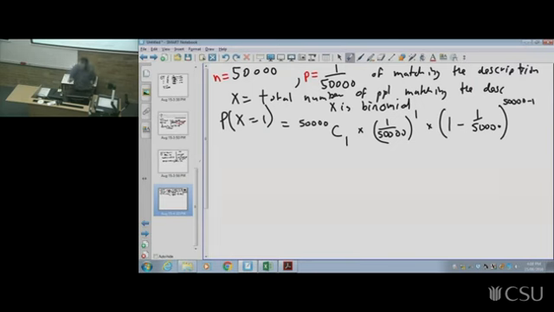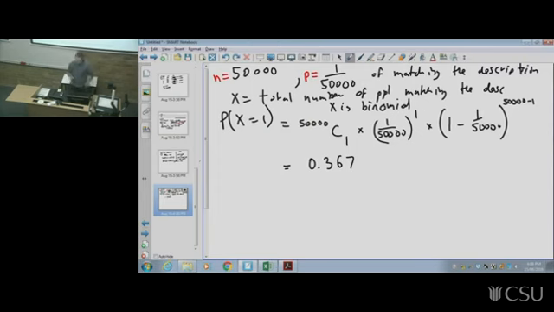Oh my goodness. Okay, can you calculate that? What's the answer? I got 0.367. Or 0.368 if you want to round.